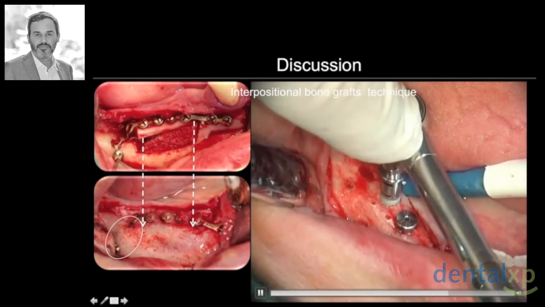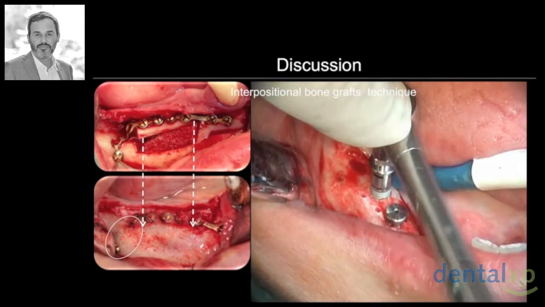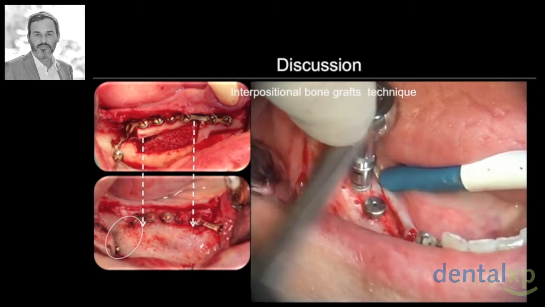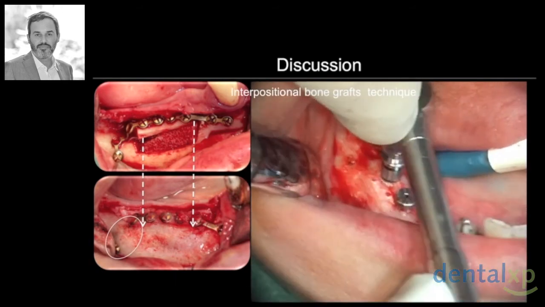Why? Because in this case, we have 100% autologous bone from the patient, not reconstructed bone.